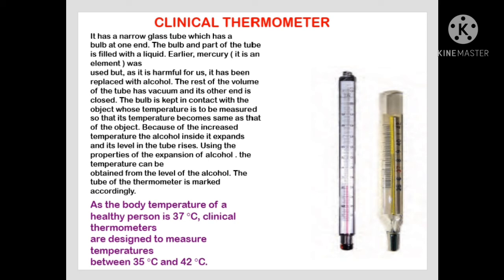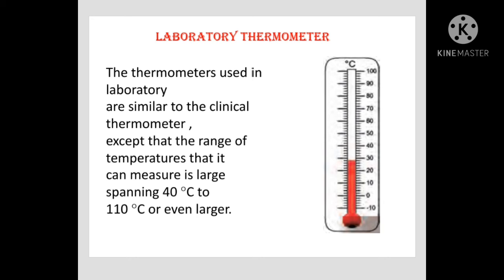So this was how the clinical thermometer is designed and how it works. Moving to the next one, the laboratory thermometer. Laboratory thermometers are the same as clinical thermometers, except the range of a laboratory thermometer is more. That is, it can measure a large span from 40 degrees Celsius to 110 degrees Celsius or even larger.